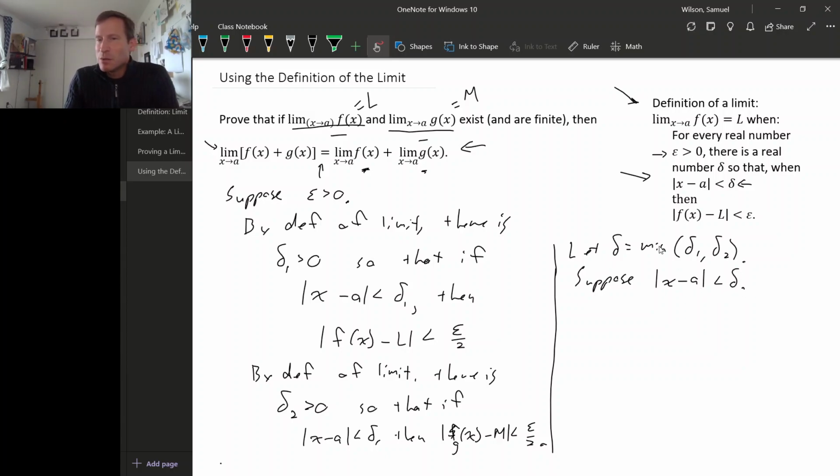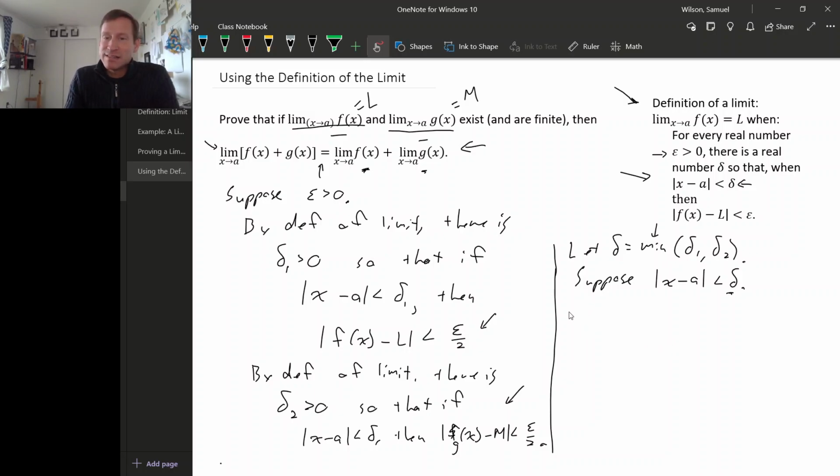By choosing the minimum, since this x value is delta close to a, it's also delta 1 close to a and delta 2 close to a. So by choosing the minimum, getting x this close to a gets me close enough for this and close enough for that. So that's why I have to choose the minimum here.